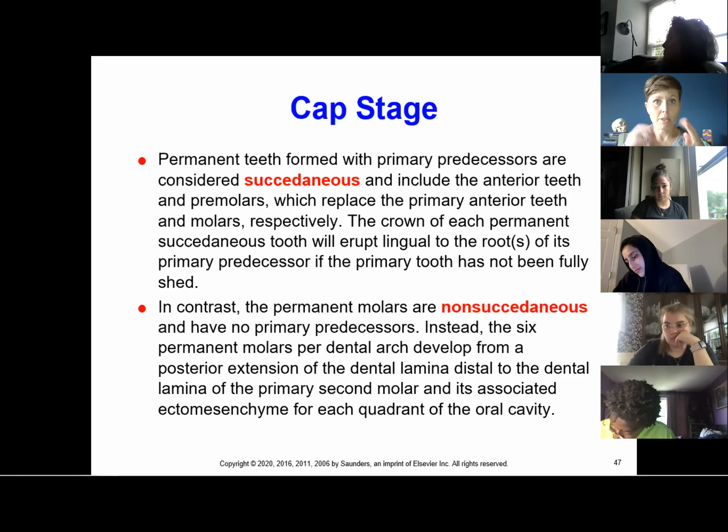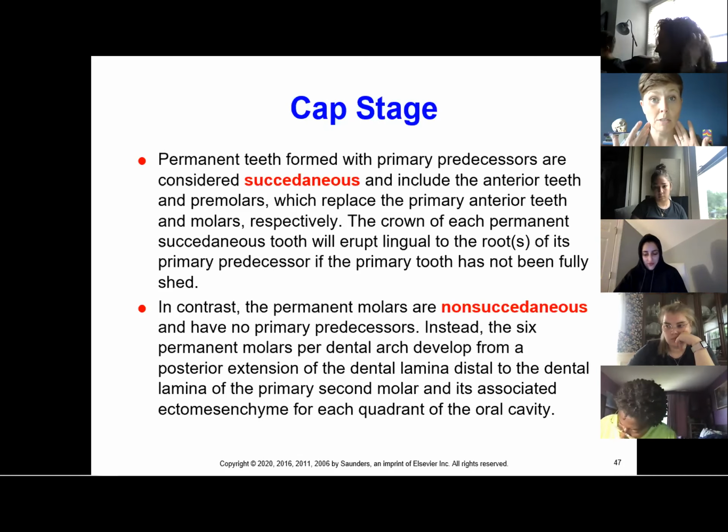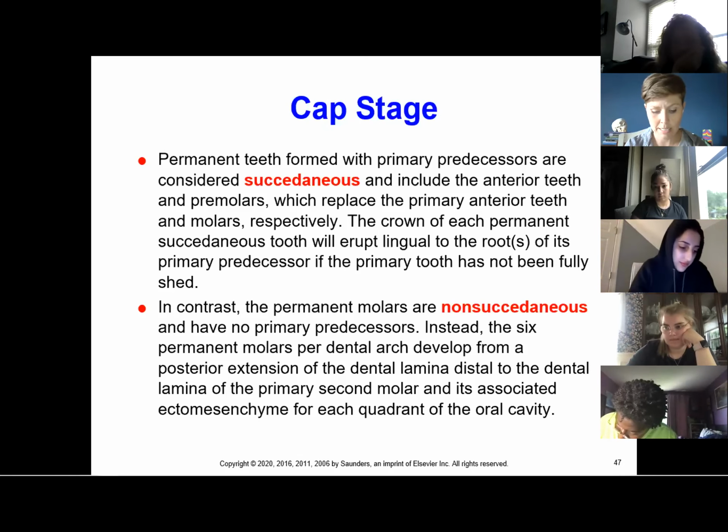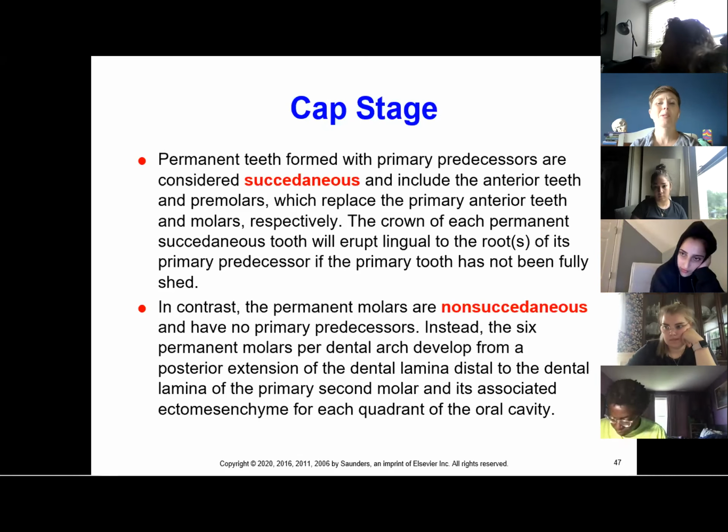All of your premolars, your canines, and your incisors are all succedaneous. Like I said earlier, your first molars, which come in at around 6, your 12-year-old molars, which are your second molars, and your wisdom teeth are all non-succedaneous.